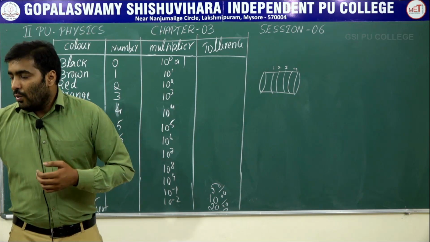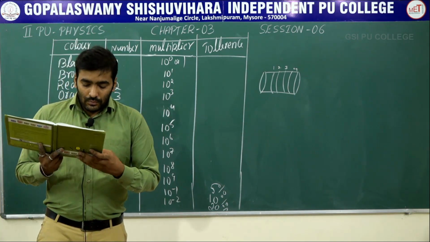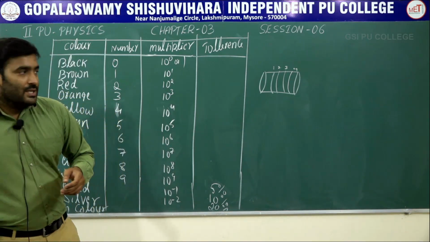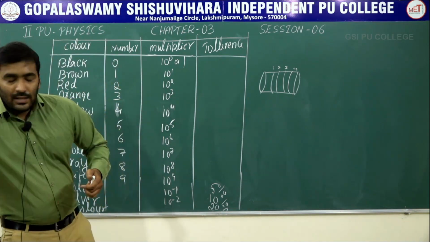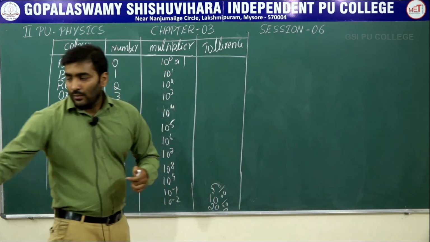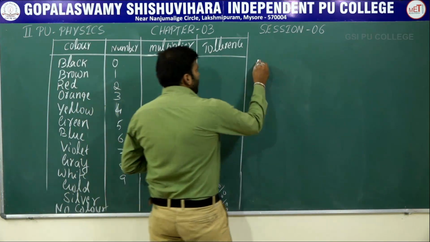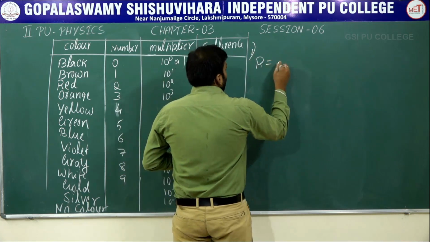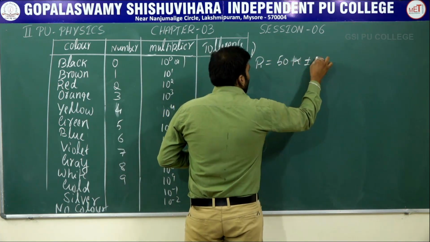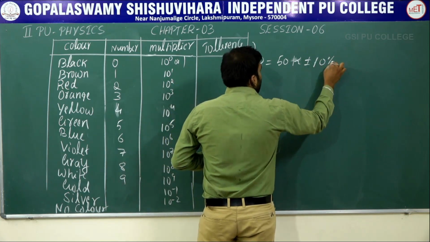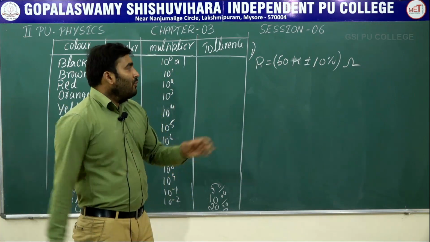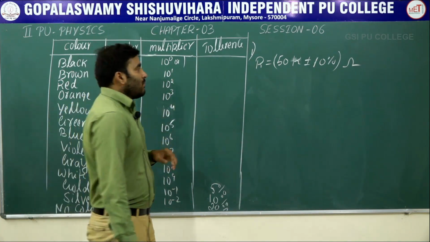We have one more resistor: 50k plus or minus 10% ohm. This is the value of resistance given. You have to find the color sequence for this.